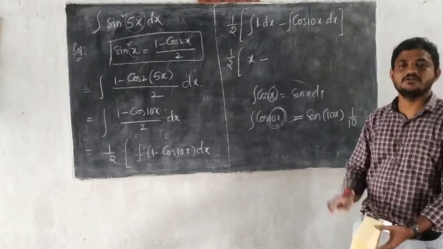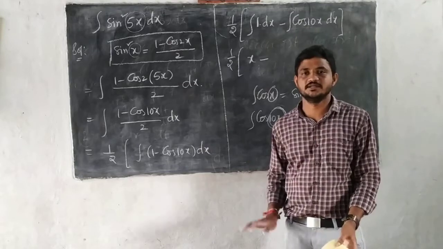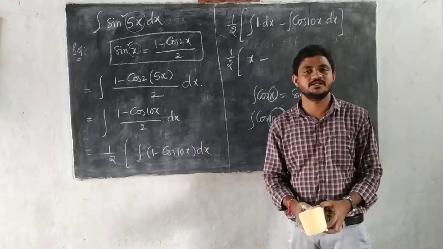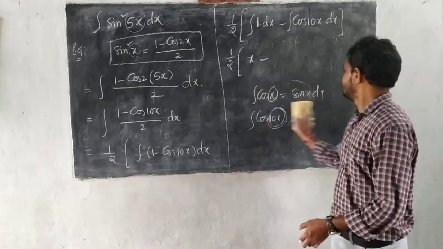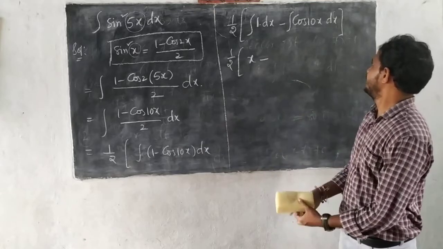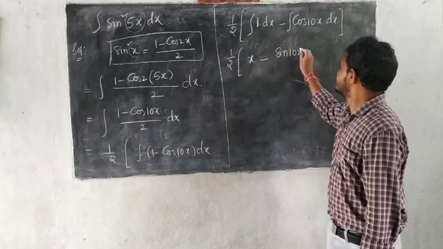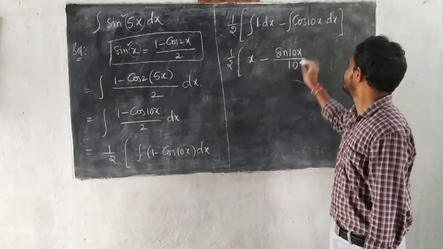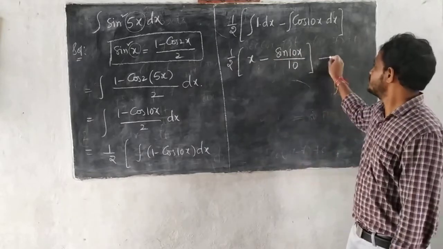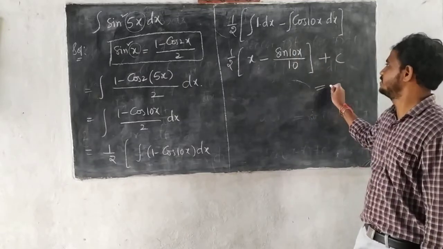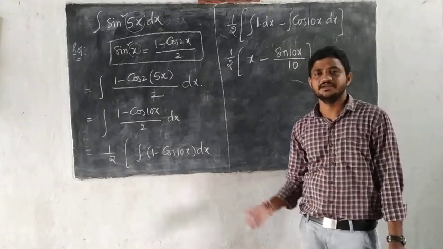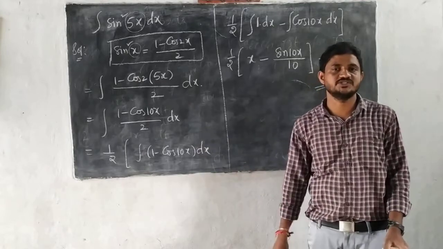So we have to write the x coefficient in the denominator after integrating the function. So integration of cos 10x becomes sin 10x by 10 plus constant of integration c. So that is the integration of our given function.